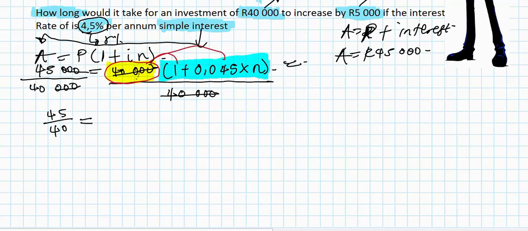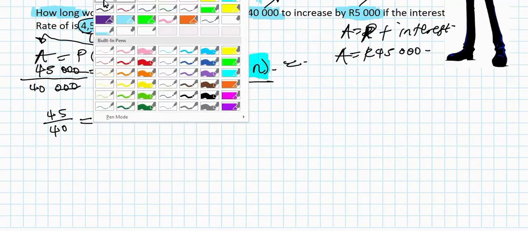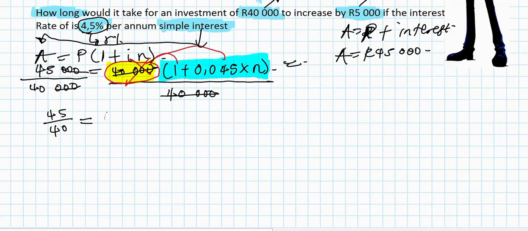But now, not anymore. The brackets do not need to be there because there is nothing outside to multiply with. So which means now I can just simply remove the brackets, right? So it means now I have 1 plus 0.045 multiplied by N, right? So now, which one is easier to remove?